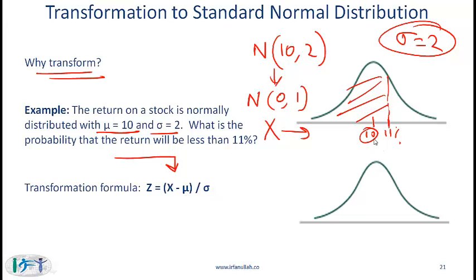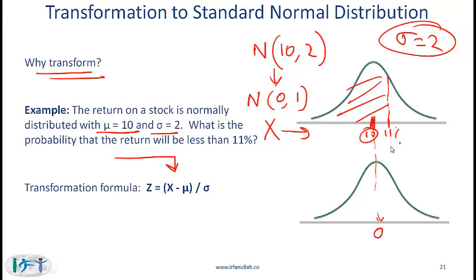The transformation of the mean 10, so what does this become? If we plug into the formula, x over here is 10 minus the mean, which is 10, divided by 2. So 10 minus 10 is 0, divided by 2 is 0. So not surprisingly, the mean of 10 transforms to 0, and that is what we expect given the definition of the standard normal distribution.